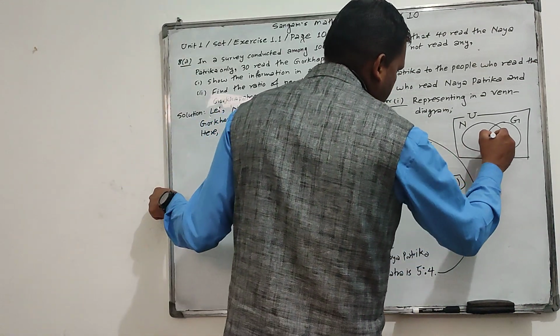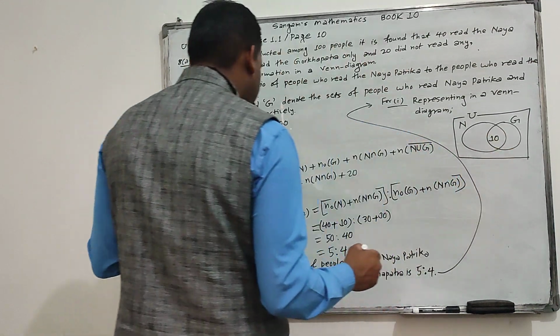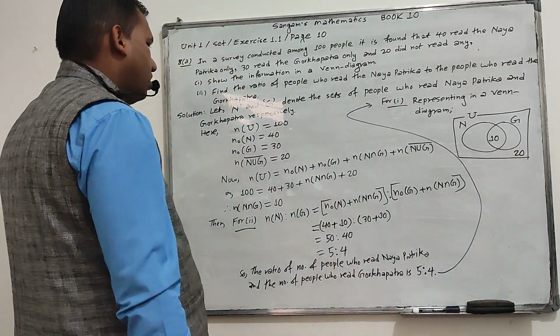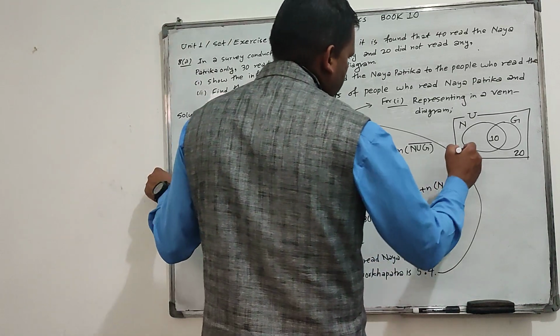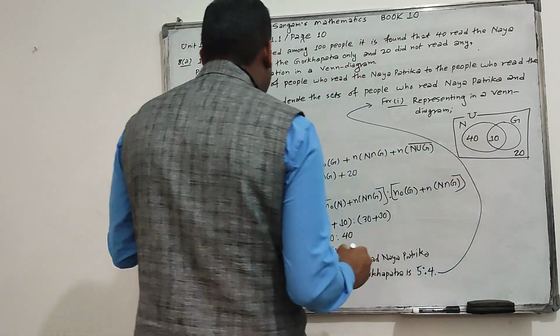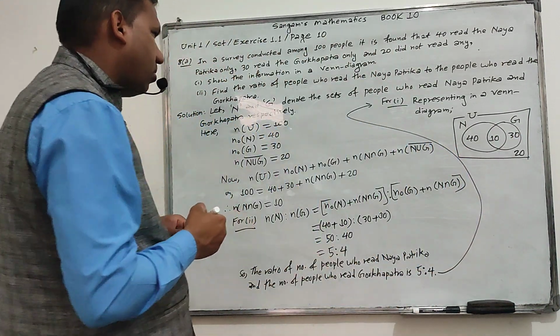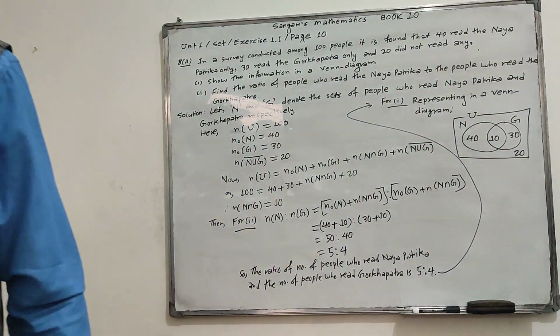The complement data is 20, and the only Naya Patrika is 40, the only Gorkhapatra is 30. This is the required Venn diagram.